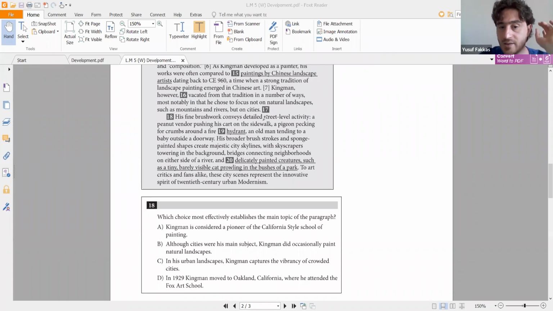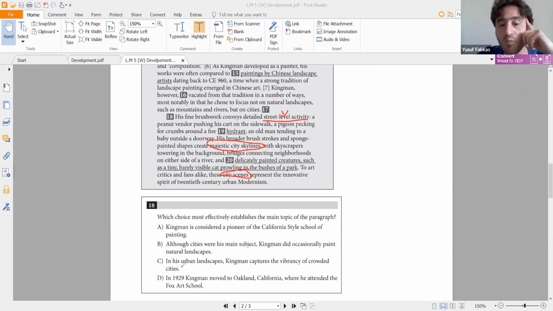That's why what we highlighted was street level activity. We didn't highlight the list, because all these examples support the same point. Then we highlighted majestic city skylines, and then city scenes only. After the city skylines, we have examples, and we don't need to highlight every single thing, because if you highlight everything, it's the same as if you highlight nothing. So we should be selective in our highlighting.